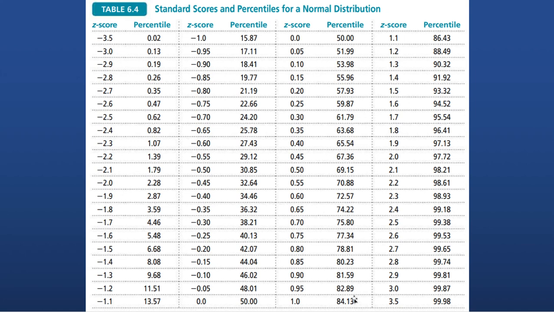Well, this says 84.13% is below a 1, and 15.87% is below a -1. So how much is in between? Well, you take the bigger number, you subtract the smaller number, and you get about 68%. Okay, so that's where those rules come from, and you could check the same thing for the 2 standard deviation rule and the 3 standard deviation rule.